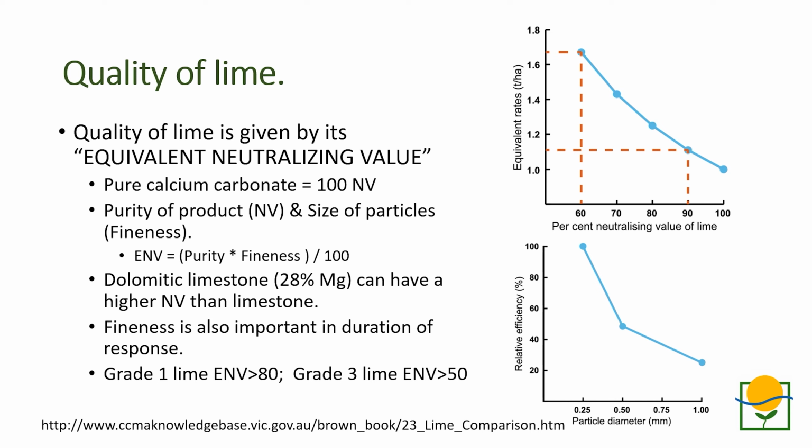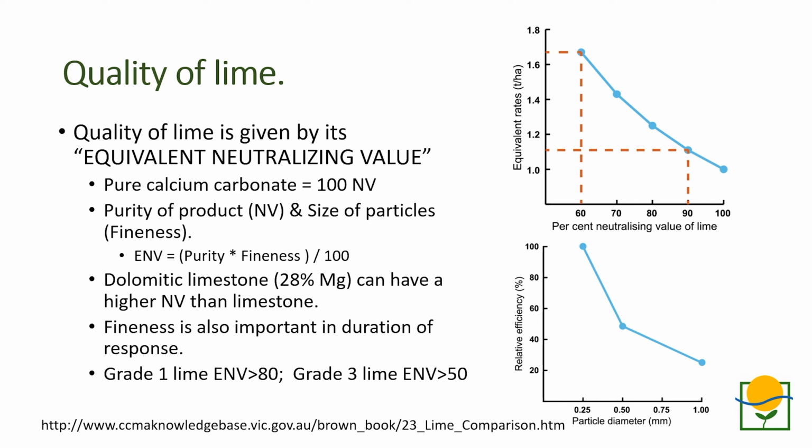Similarly, the size of particles can affect efficiency, with coarser particles being less effective than finer particles. Dolomitic limestone, which is often 28% magnesium, can have a higher neutralising value than limestone, simply because of the difference in molecular weights between calcium and magnesium.